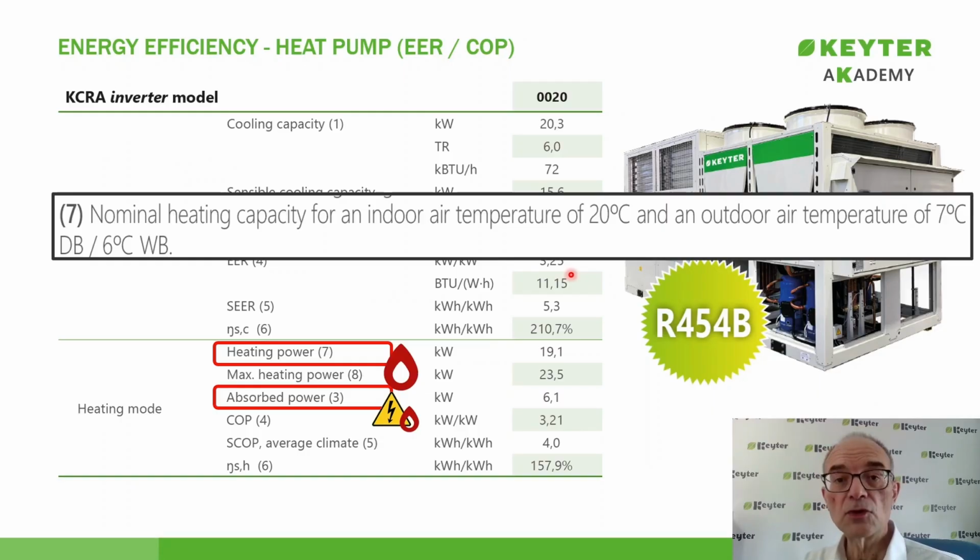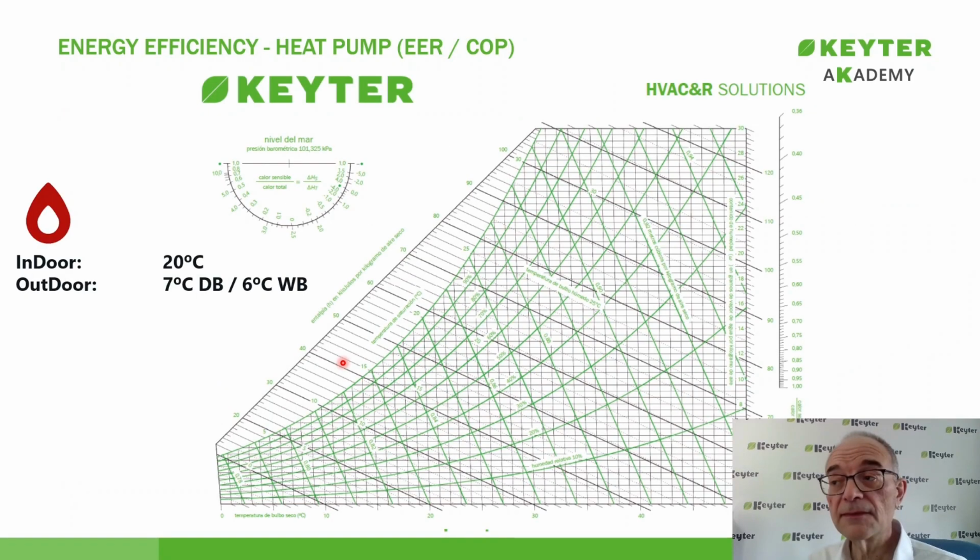Now, the heating mode operation would be exactly the same, just that everything needs to be carefully switched to heating mode. So, we would have the heating power delivered by the heat pump, but now it wouldn't be under the same conditions as before, which were for cooling. Now the conditions are for heating. What are those conditions? Well, those conditions are as follows. Indoor conditions of 20 degrees Celsius dry bulb.